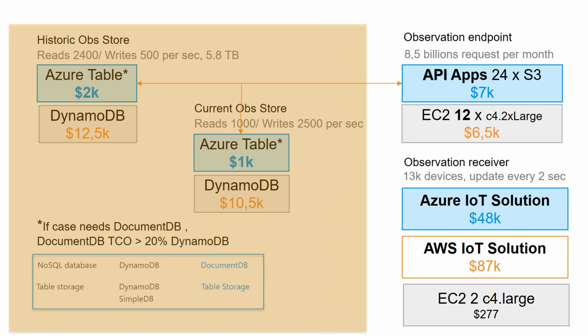Again, if we're talking about reads and writes, I don't really agree with this analysis, and I don't think Azure Table would work in this case, because Azure Table has a limit on reads and writes in its service limit, and it's less than 2,000 per second.